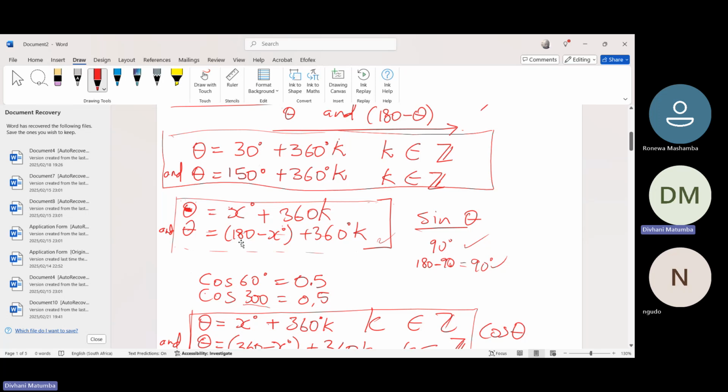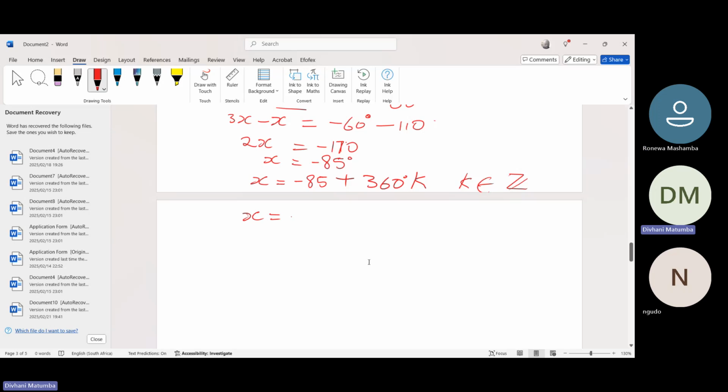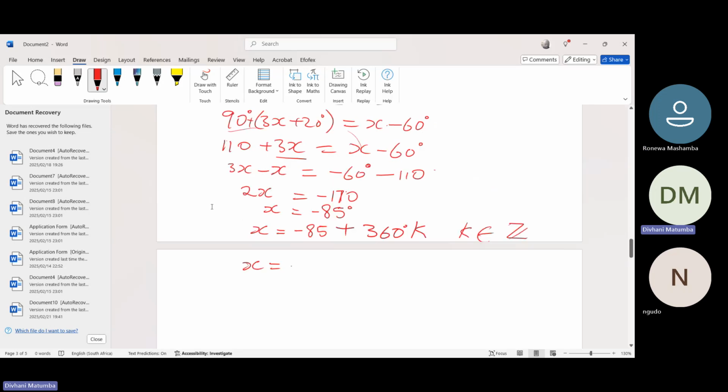Ronel. Yes, sir. The second equation will be, am I answering the question we're doing now according to the standard of general solutions? Yes. Okay, so then x is equal to 180 minus minus 85 plus 360k, where k is an element of integers.